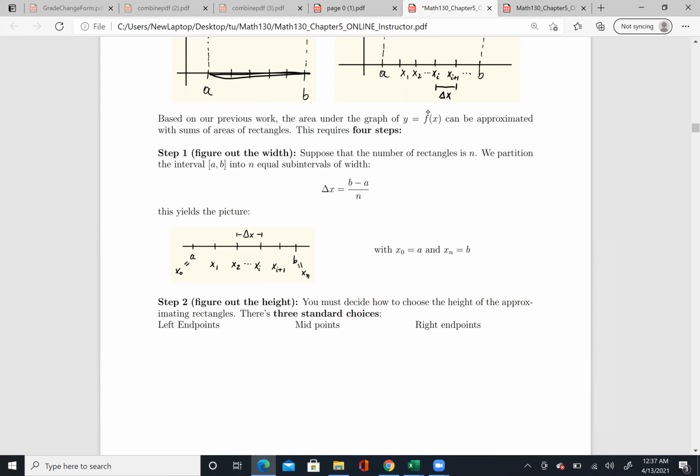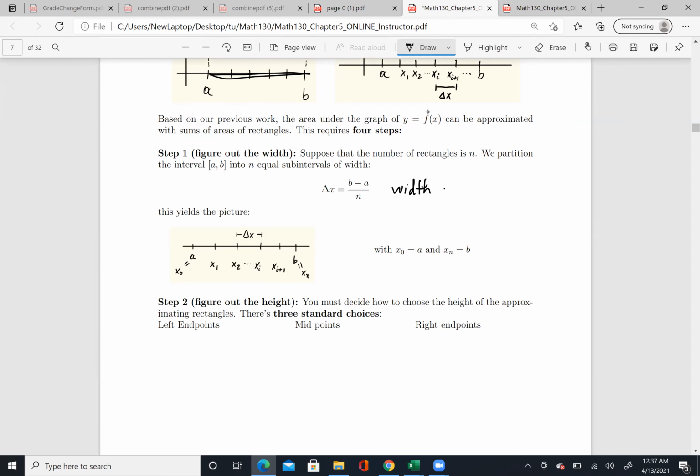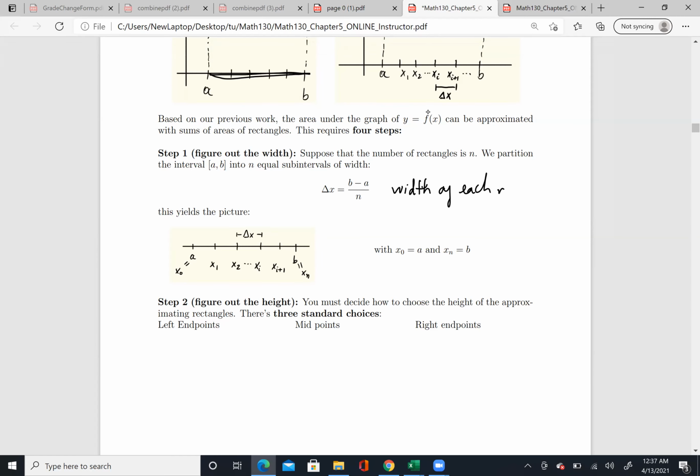Delta x is the width of each interval, and you see that they are equal to each other, with x0 equal to A and xn equal to B. So this is the width of each rectangle.